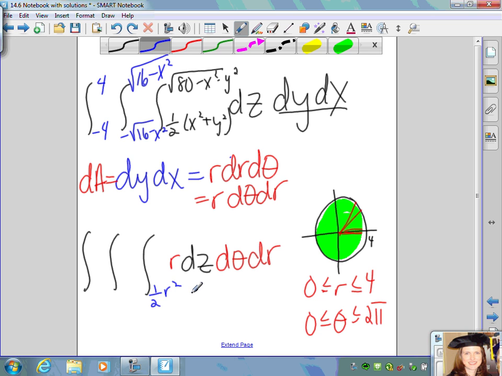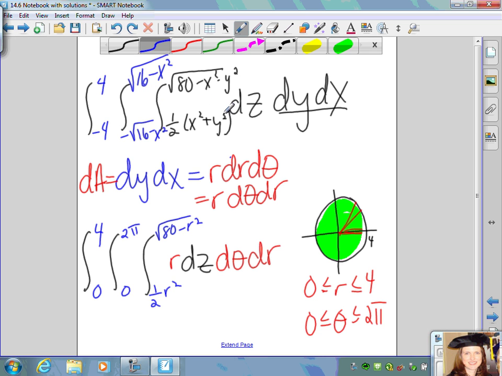That's your lower bound for z in terms of r and theta. And then your upper bound for z would be the square root of 80 minus r squared. And then your bounds for theta would go from 0 to 2 pi, and your bounds for r would go from 0 to 4.